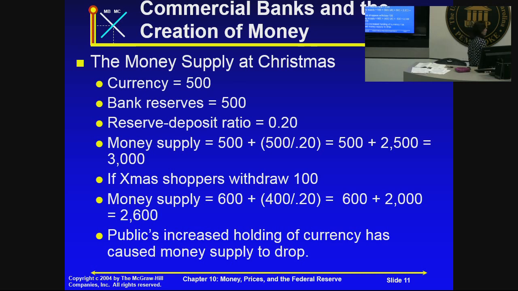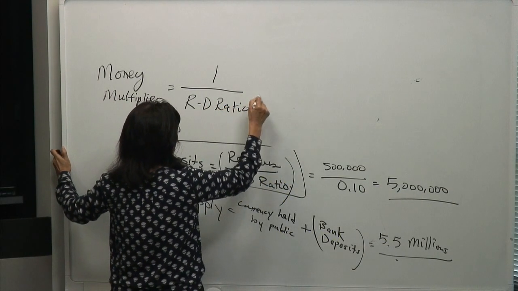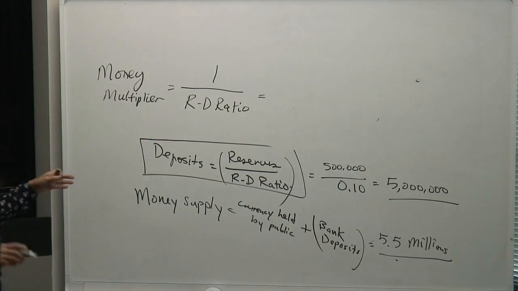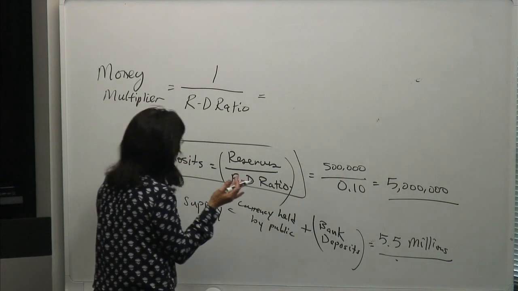So let me introduce money multiplier. Please write this down. Very important. The money multiplier consists of 1 divided by RD ratio. I'm introducing you something that quickly will be very important toward the second half of the semester, which is only 2 weeks, right?